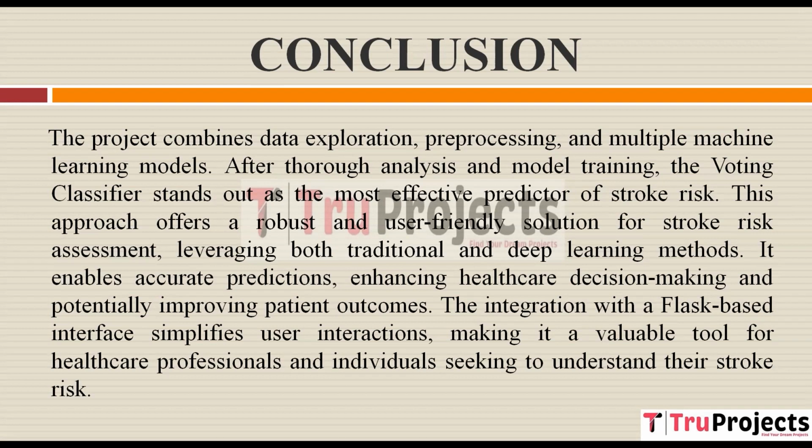It makes precise forecasts possible, strengthening medical decision making and perhaps enhancing patient outcomes. It is a useful tool for healthcare professionals and anyone looking to understand the stroke risk because it is integrated with a Flask-based user interface, which makes user interaction simpler.